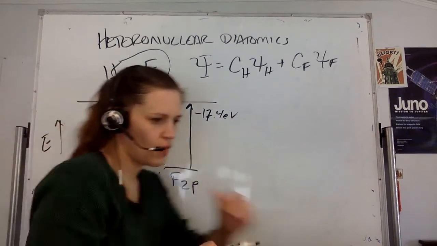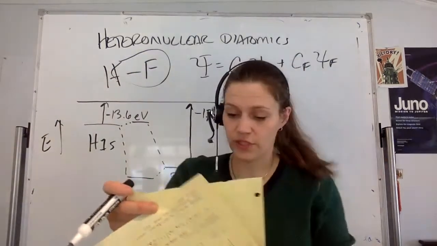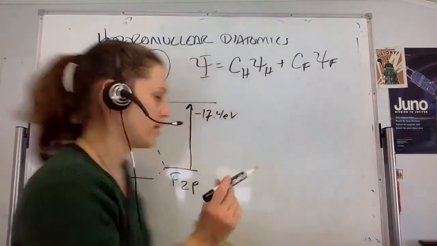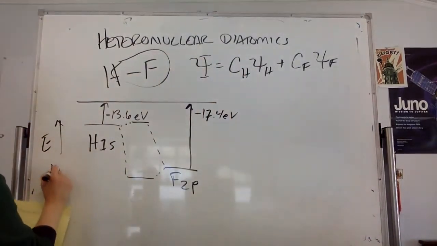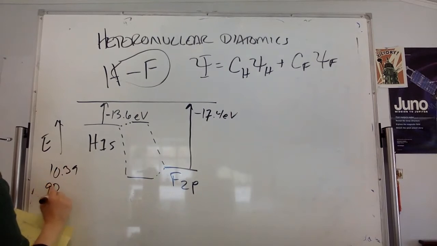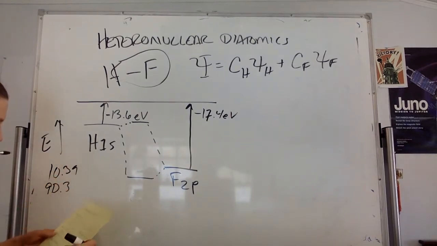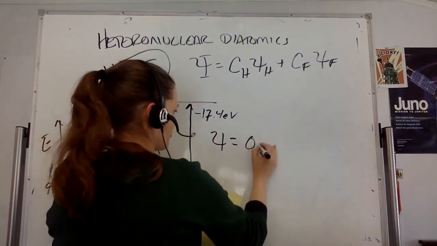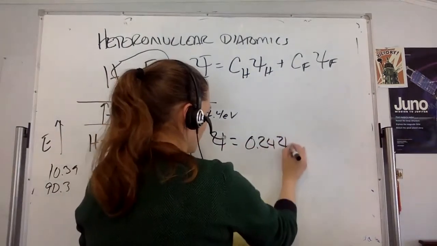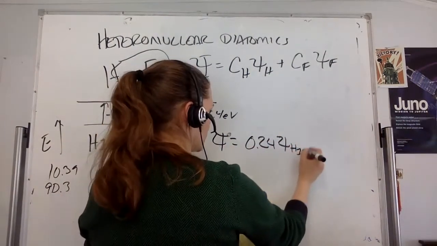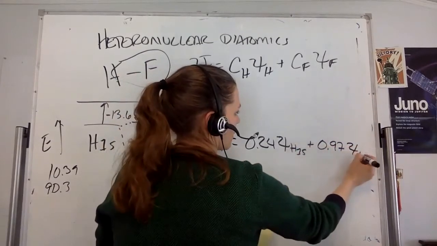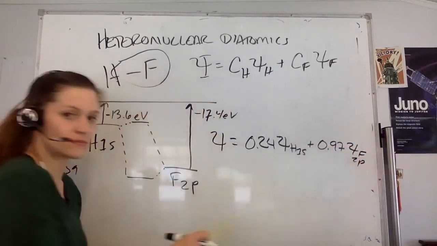I believe your book has this as figure 10.39 or 9D.3. But what's really cool about this is we have psi equal to 0.24 psi H1s plus 0.97 psi F, and this is the 2p.